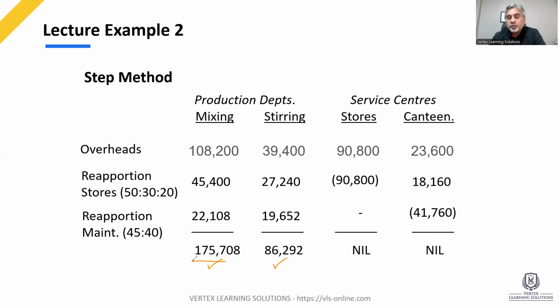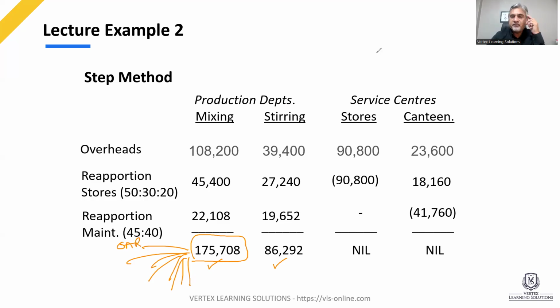Now this is the total overhead for the 1 year period or whatever. Now I need to somehow take this cost to my unit of output, to my product cost. And how do I take it into my product cost? I will absorb it. And on what basis am I going to absorb? I will absorb it on the basis of OAR, overhead absorption rate.